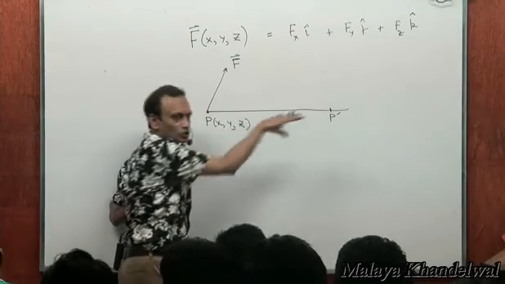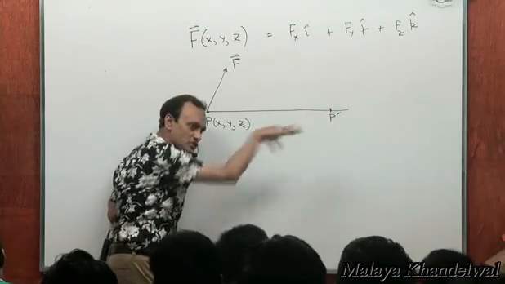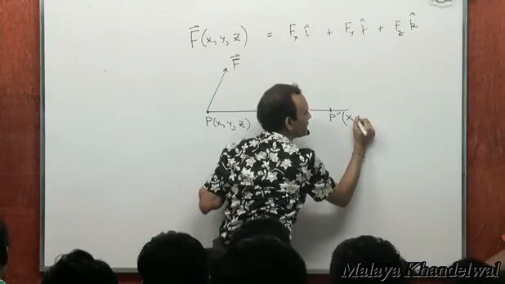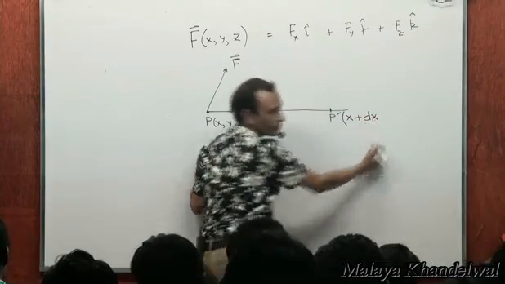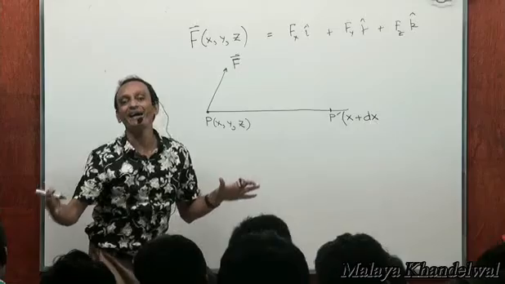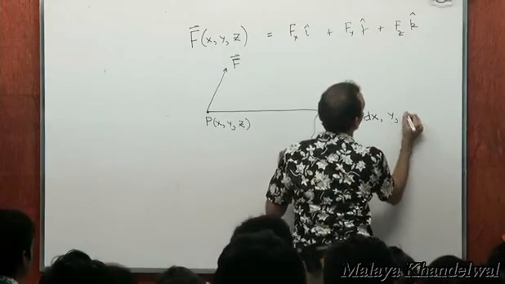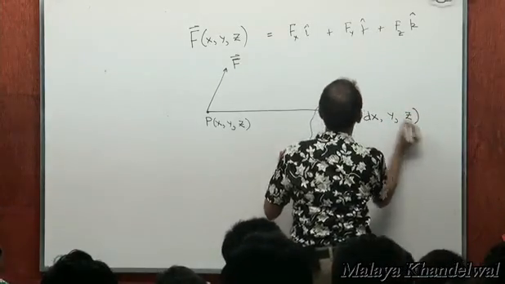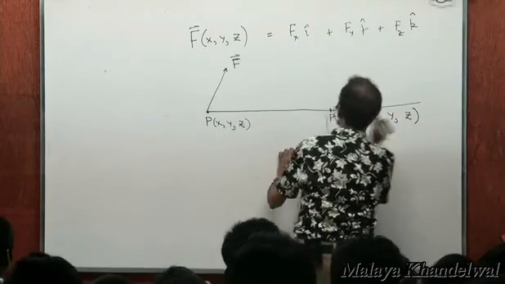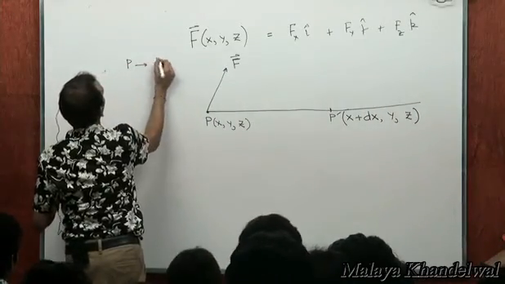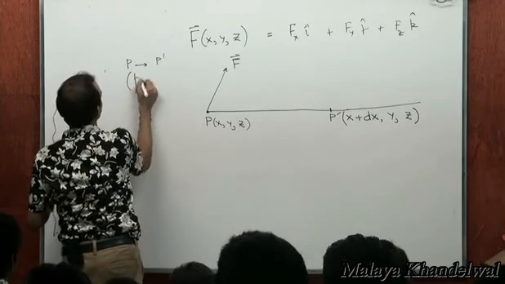It's displaced parallel to the x-axis, where its x changes by an amount dx, say, and its y and z remain the same. In the conservative force field, the particle goes from P to P prime, parallel to the x-axis.